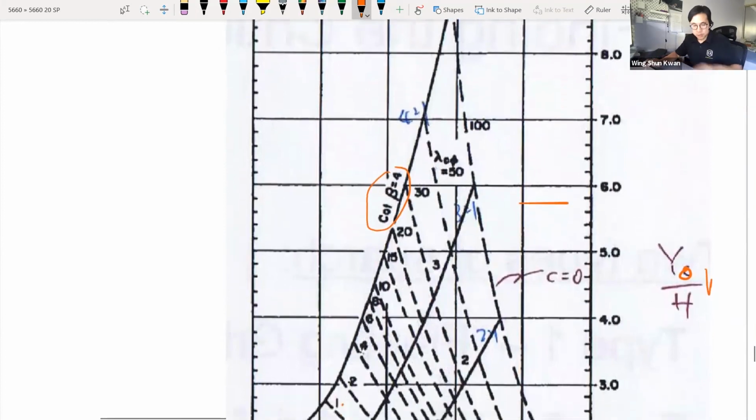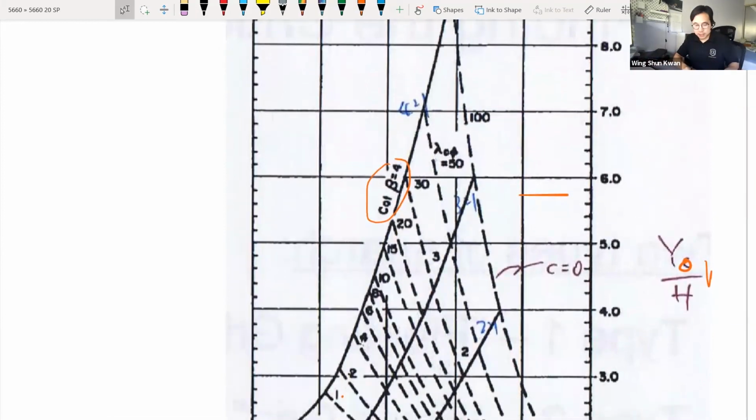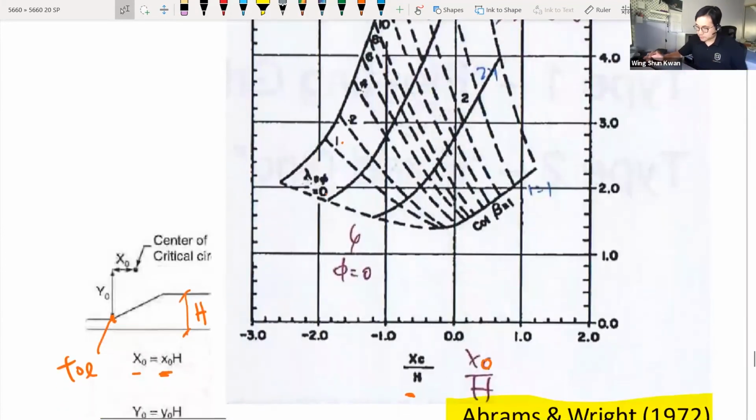This beta right there is the orientation of your slope. So you are dealing with this angle beta, which is the sloping angle of your slope.